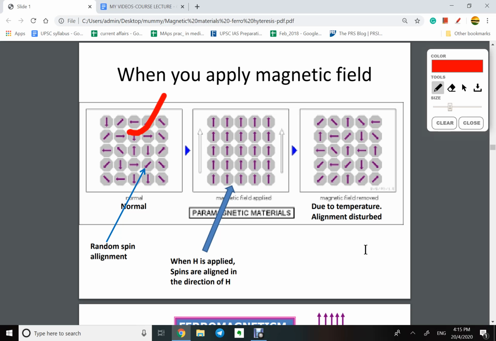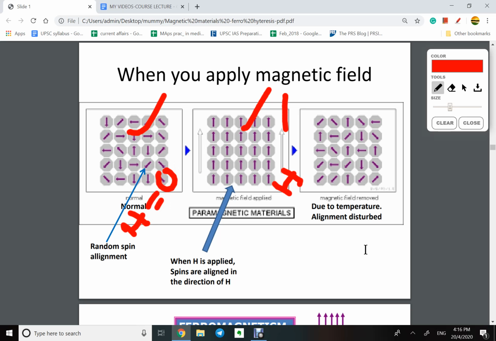So if you apply the magnetic field, then these randomly arranged spins tend to align themselves along the direction of the magnetic field. Here the arrow mark indicates the magnetic field H. In this case, H is 0. Here you are applying a magnetic field.